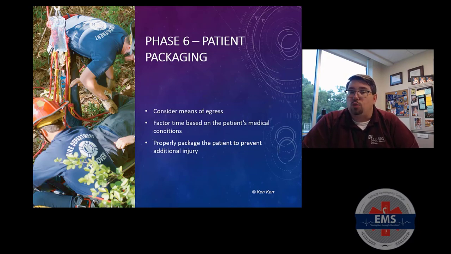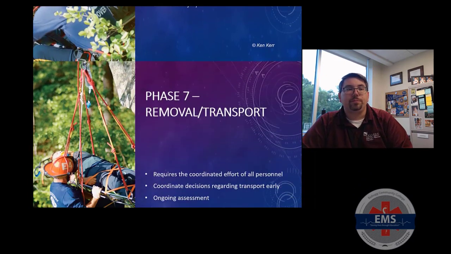It could be utilizing ropes and pulleys. This could be a number of different things, including cribbing or boarding that helps stabilize structures. All of these things need to be considered and utilized properly before we begin transporting the patient. So remember, properly package the patient just to prevent additional injuries, and make sure you take that extra time and thought about your patient's safety.